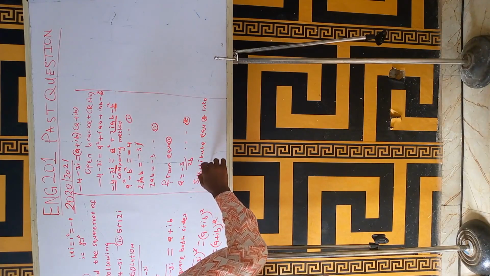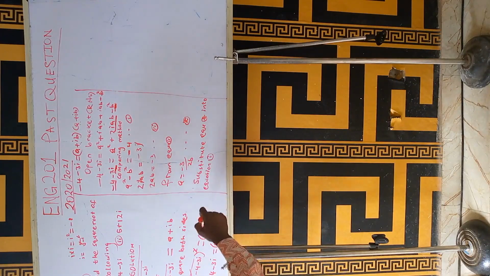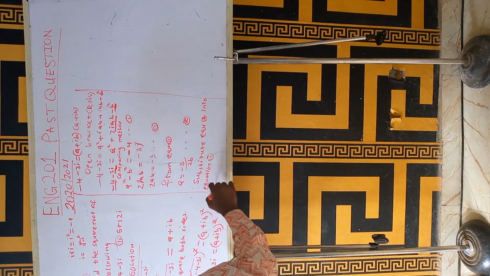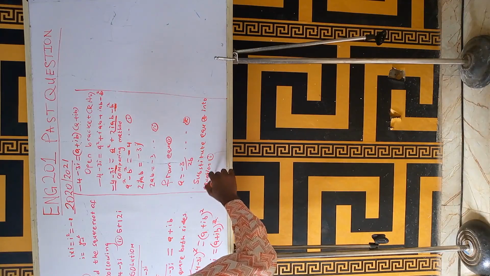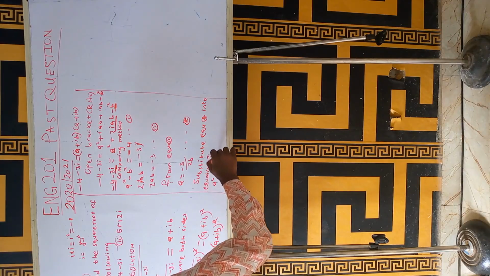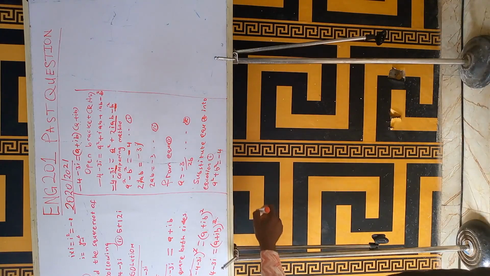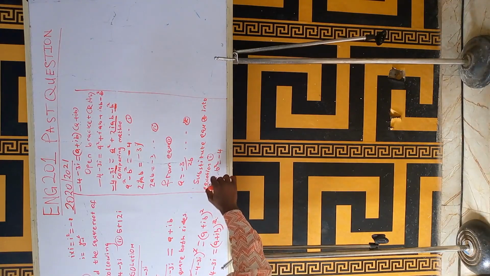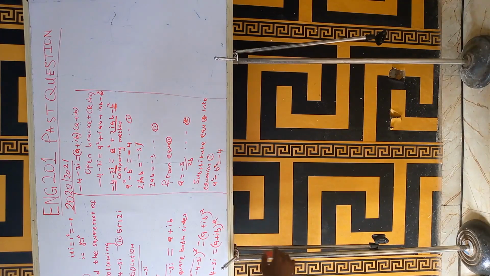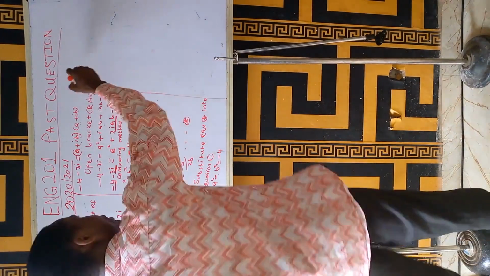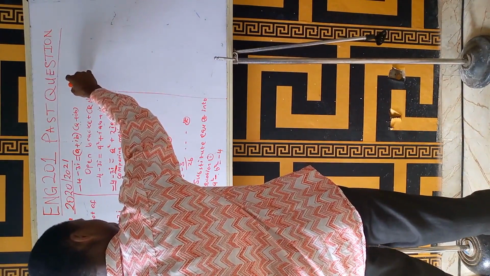When you do that, you are going to have something like this. Equation 1: a squared minus b squared equals minus 4.